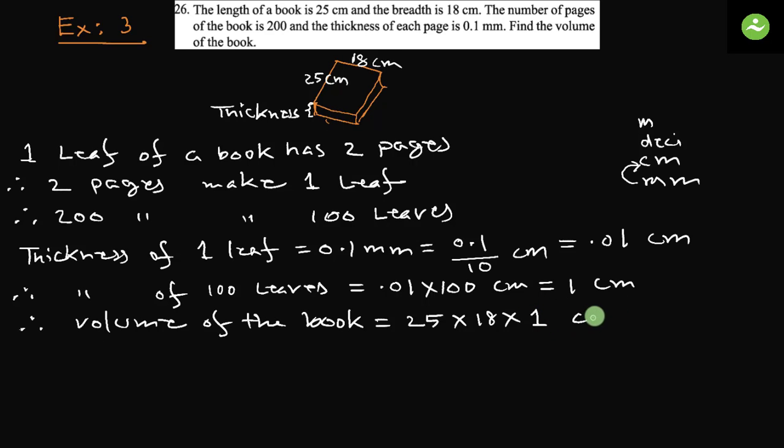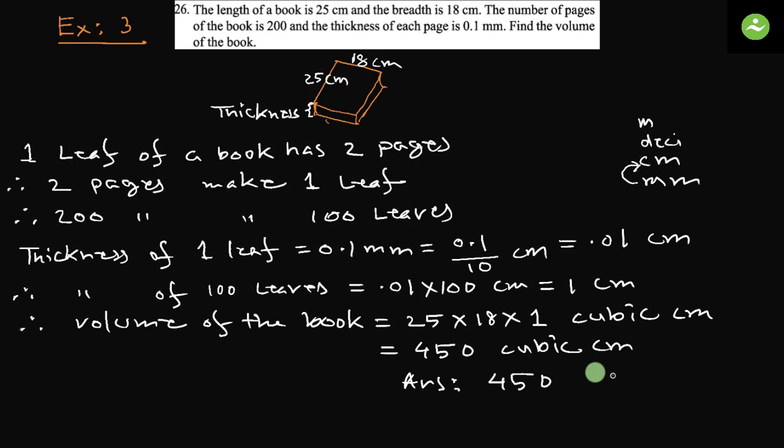So it is cubic centimeter, equals 18 into 25 means 450 cubic centimeter. The answer to find the volume is 450 cubic centimeter.